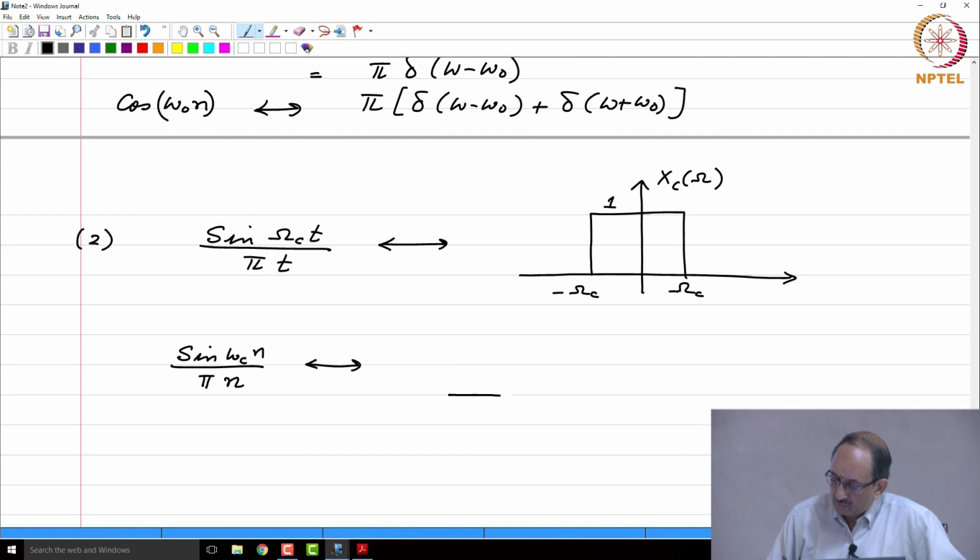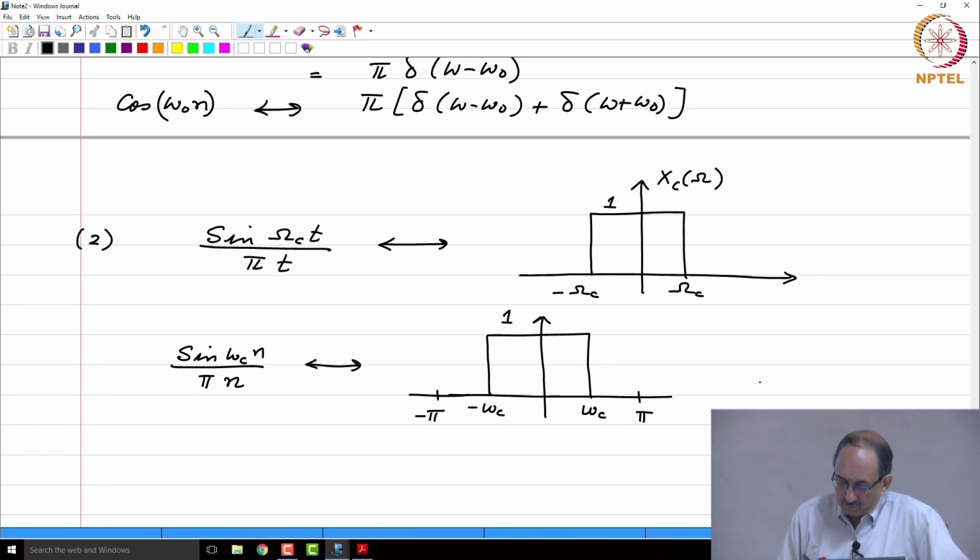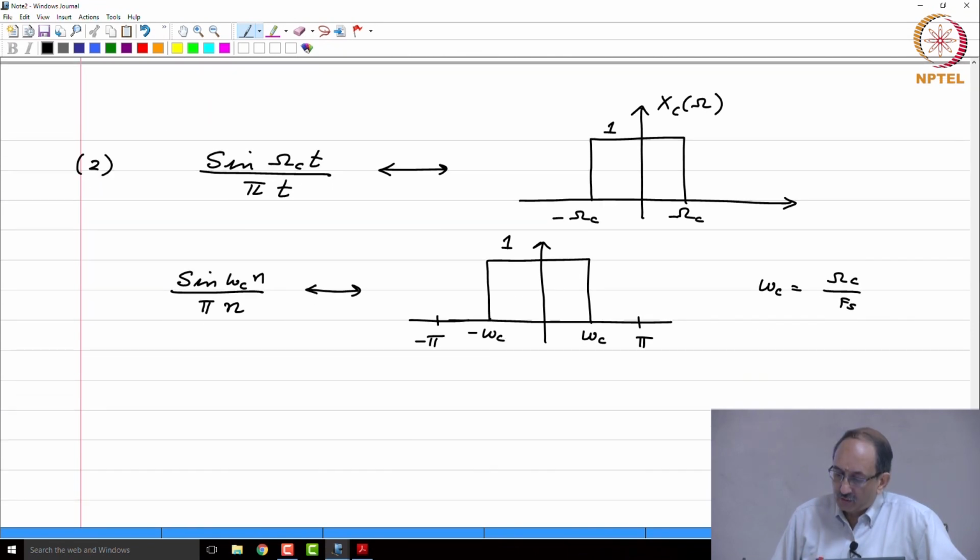Starting from the earlier figure, if everything went right, we should derive this transform pair between minus little ωc to plus ωc, and ωc is nothing but Ωc by Fs.